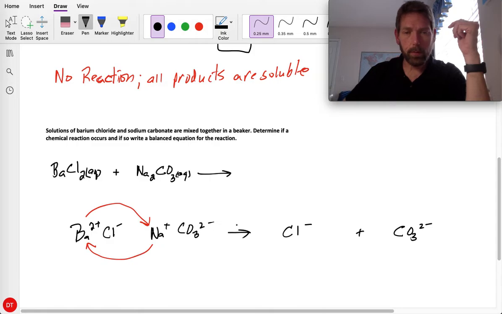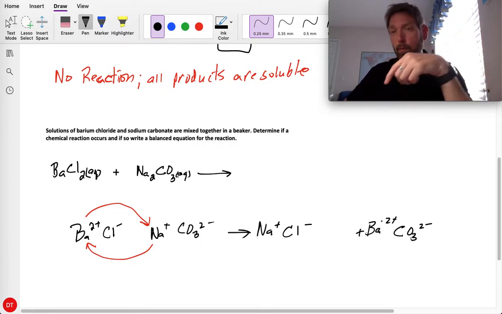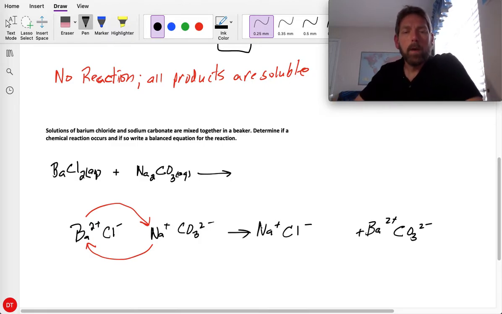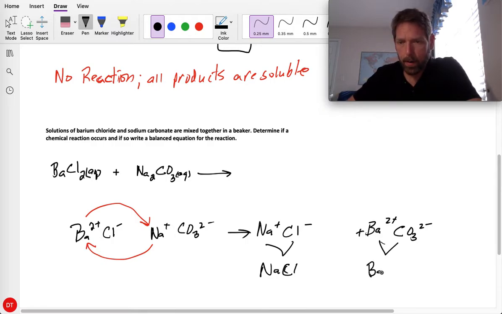So sodium is now over here with chlorine, and barium is now over here with the carbonate, right? Okay. All right, so according to this, we have sodium chloride. We kind of already know the answer for that one. And then we've got barium carbonate, right?